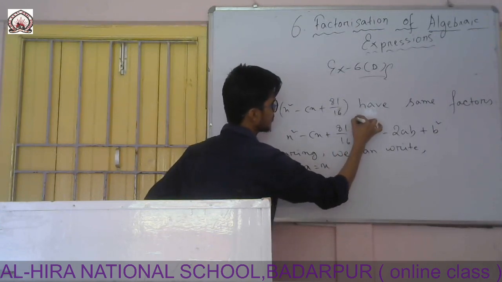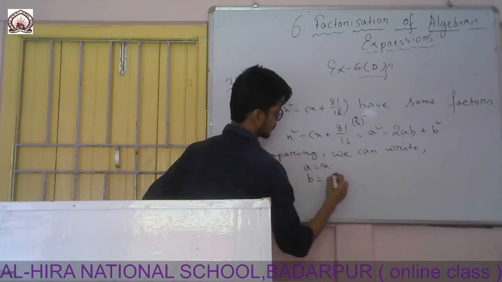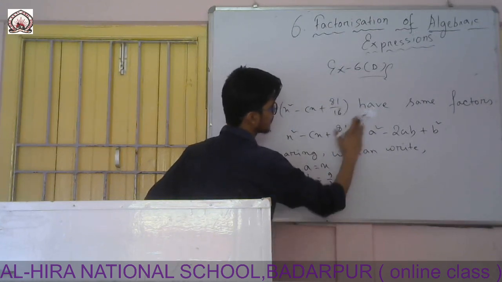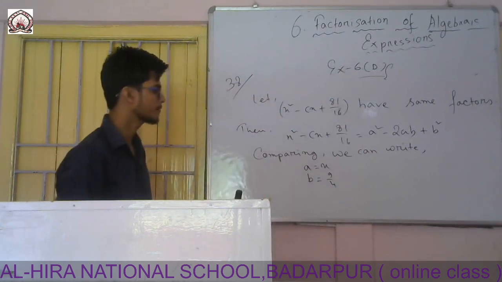If I break this one, it will be (9 by 4) whole square. So b is equal to 9 by 4.